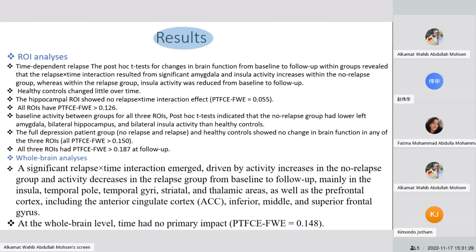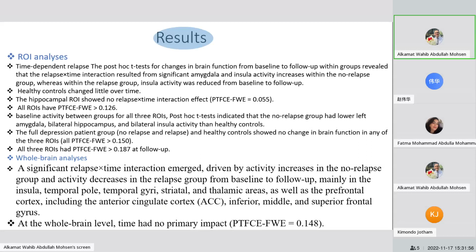Lastly, we move to the next one, the results. The results part is divided into the regions of the brain. Here we have the ROI analysis. The time depends on the relapse, with post-hoc t-tests for the change in the brain function from baseline to follow-up.